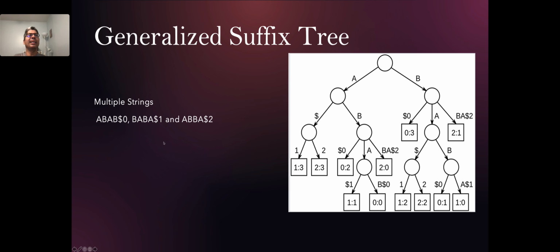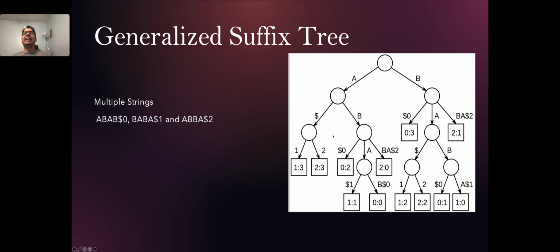Let's say we have three strings: ABBA, BABA, and ABBA. To keep them apart, we end them with different markers, $0, $1, and $2, three different markers, because in this case there are three strings.